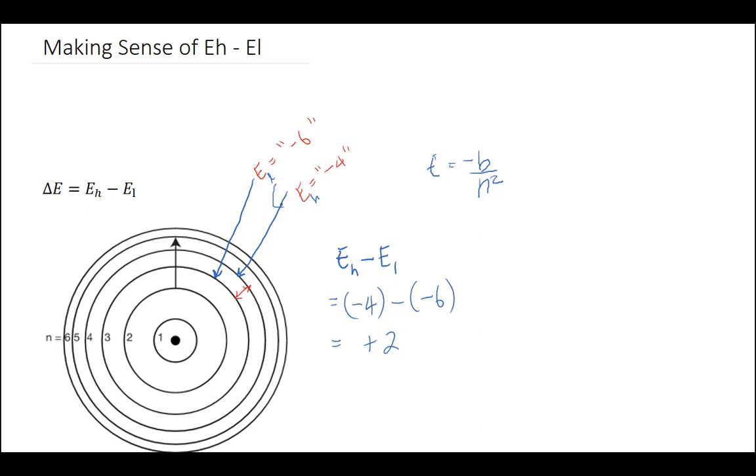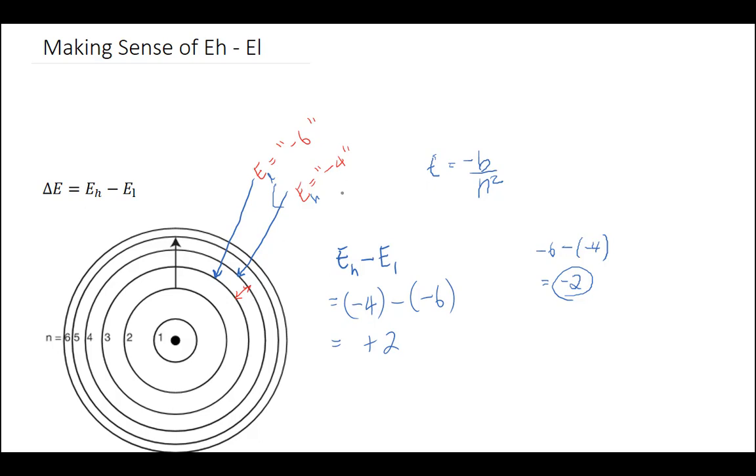So if I did the final minus the initial, -6 minus -4, I would end up with an amount of energy that is -2. And that doesn't make sense. We don't have negative energy. What we're looking for is the difference between these two.